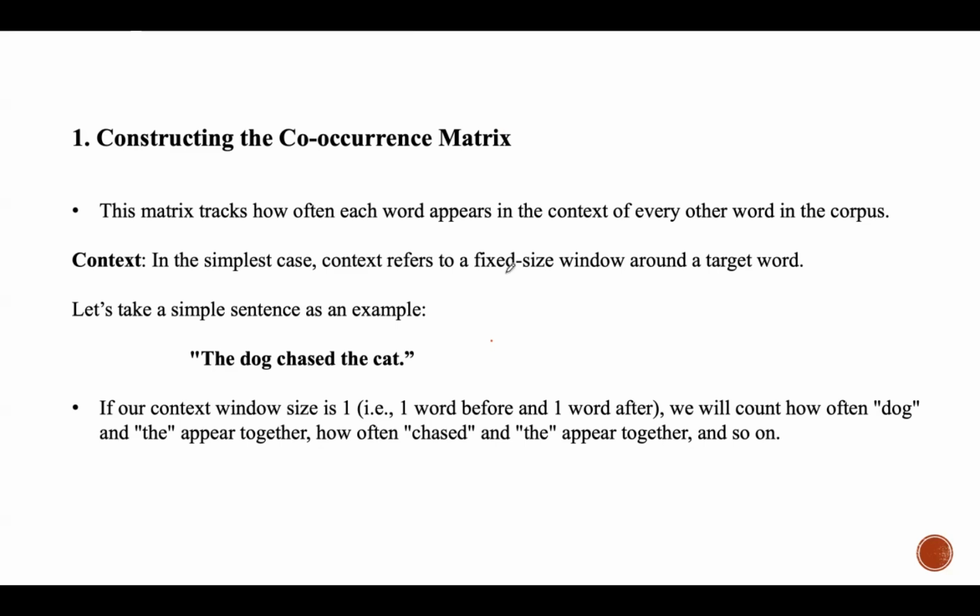The first step in GloVe is to build the co-occurrence matrix that captures how frequently words appear together within a specific context window. Here, context refers to a fixed-size window around the target word.